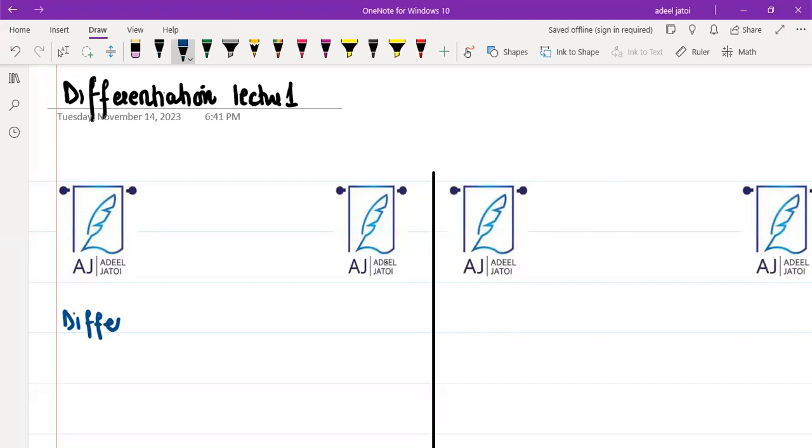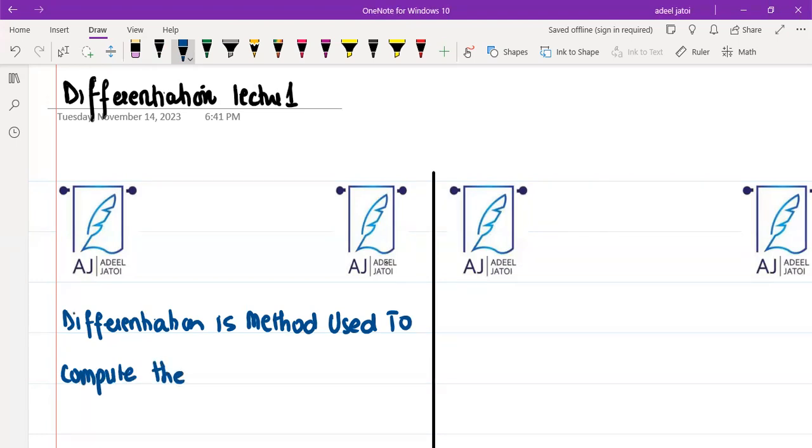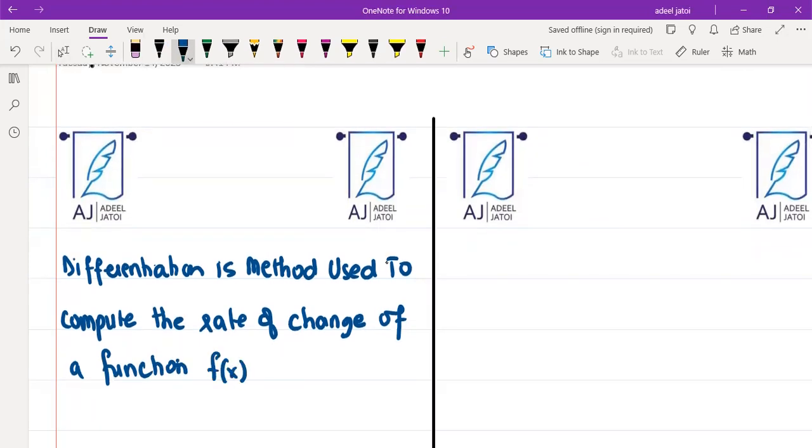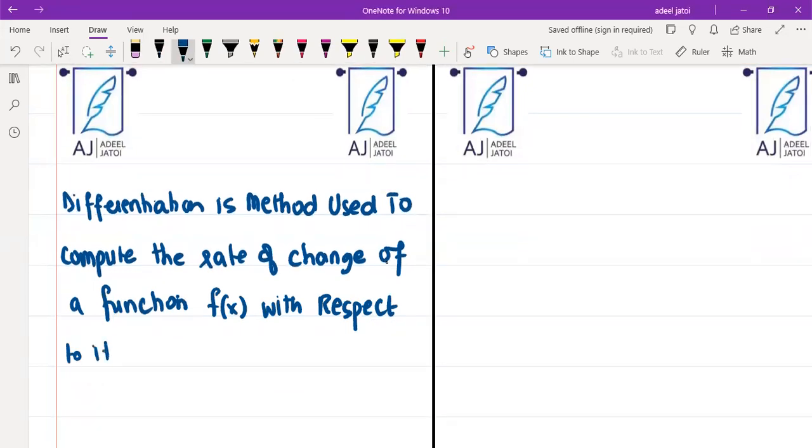Differentiation is a method used to compute the rate of change of a function f(x) with respect to its input x.